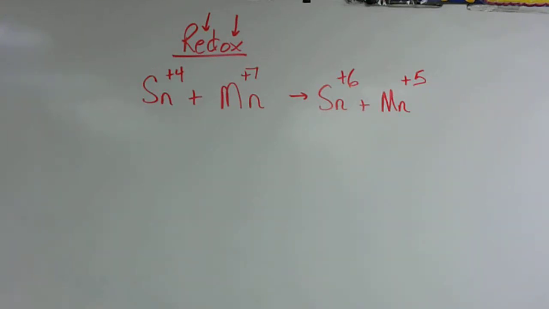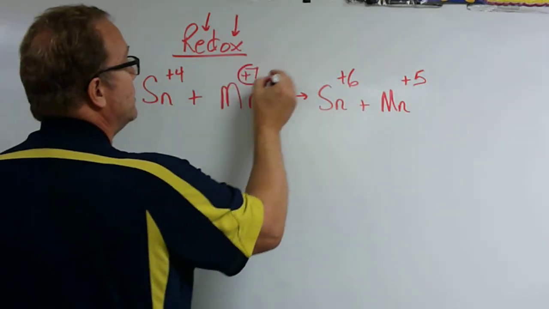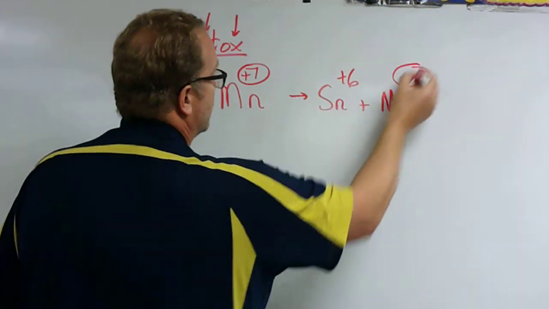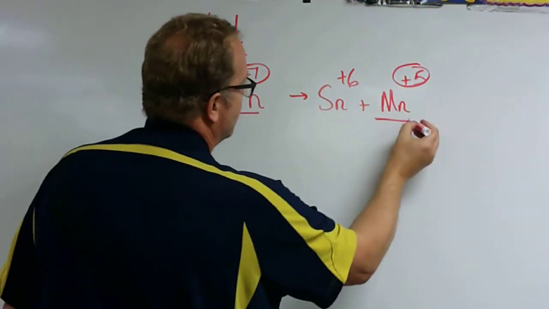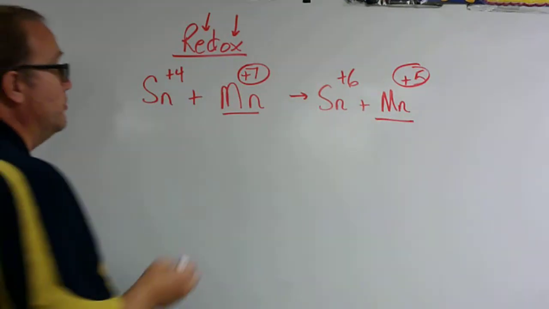Again, we can do our half reactions, but in this case, we really don't have to. All we have to do is identify which one is actually being reduced on here. We're going to go with the same elements here, and we're going to notice that on this one the charge reduced.